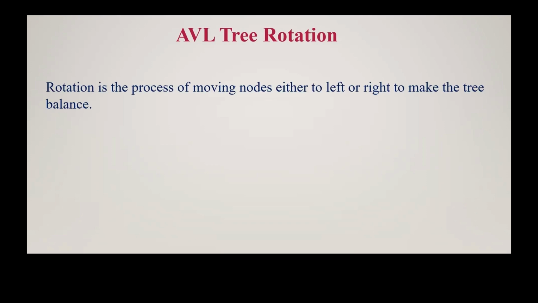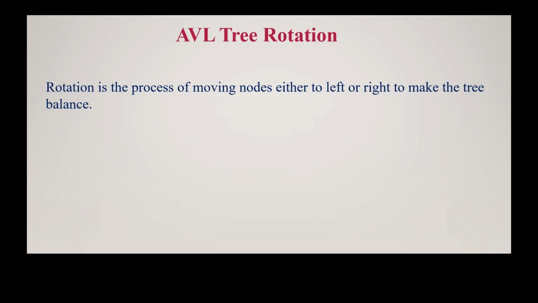We need to make the imbalanced tree balanced by performing some rotation, which is called the AVL tree rotation. Rotation is the process of moving nodes either to the left or to the right to make the tree balanced.